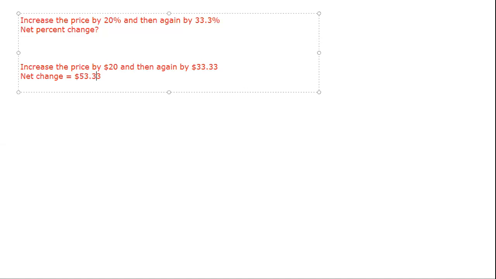Now, this second one is correct. But the first one is not 53.33. Why? Because when you do the 20% change, it is on the original value, right? Now, when you do the 33% change, it's not on the original value.